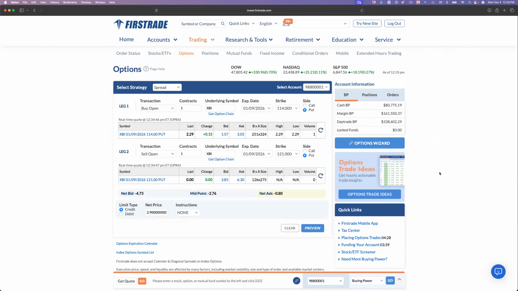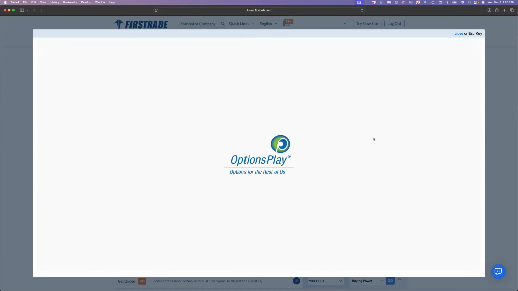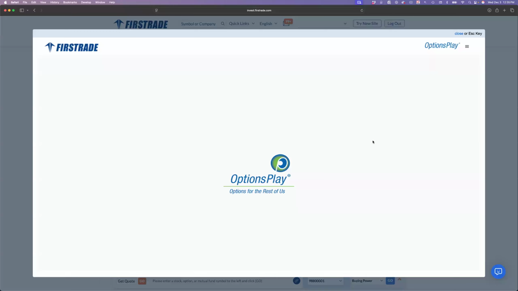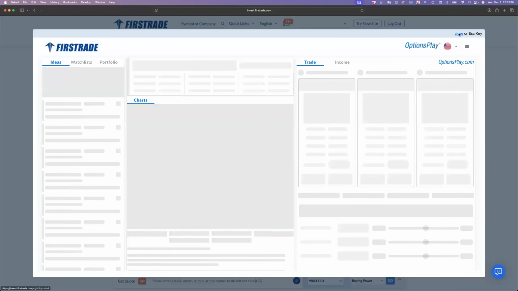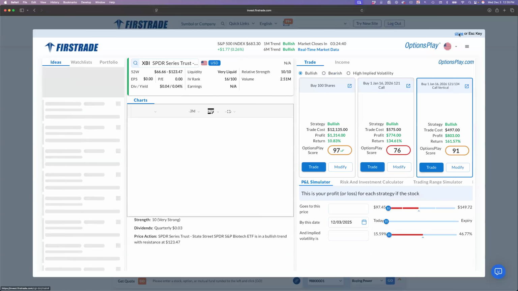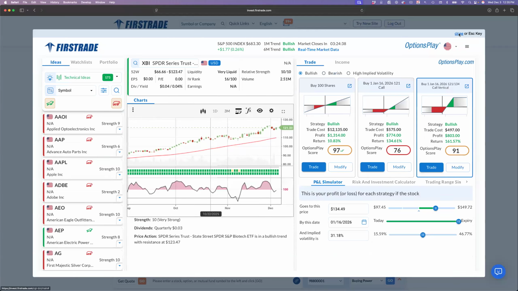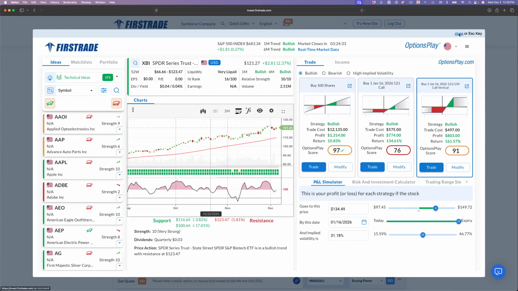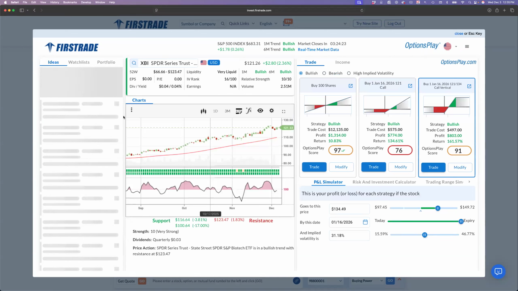So this is really an incredibly powerful tool that we have in terms of helping you understand how to find the best opportunities to help you grow your options account. Regardless of whether you have a small account, a large account, whether you're new to trading or an experienced options trader, it does all the work for you in terms of filtering for these types of opportunities and helping you grow your trading account in the long run.